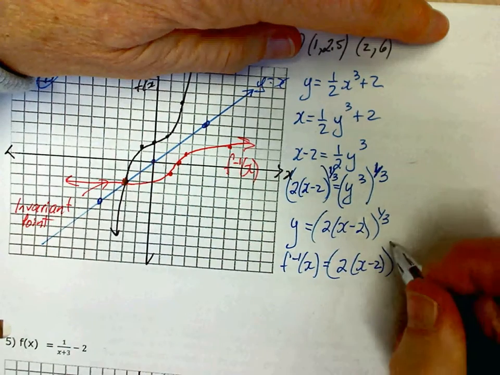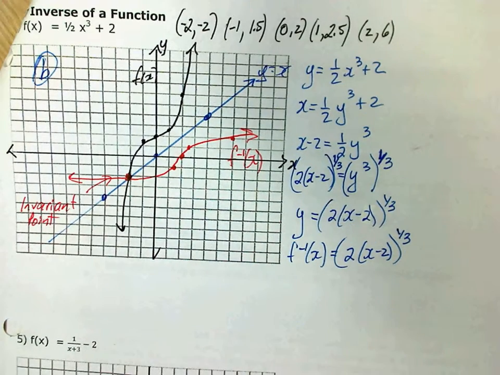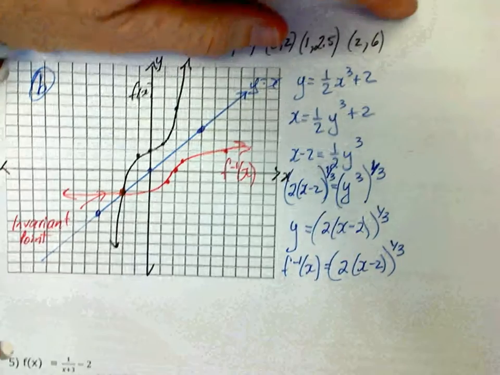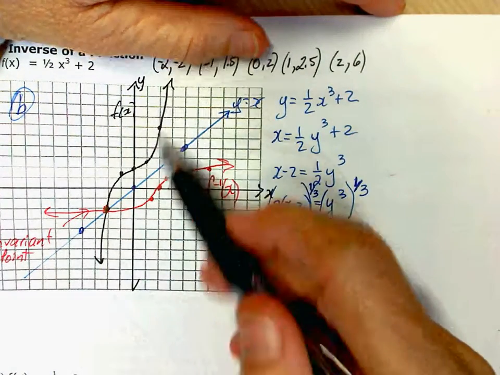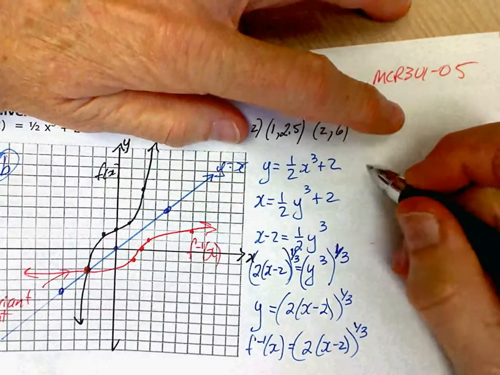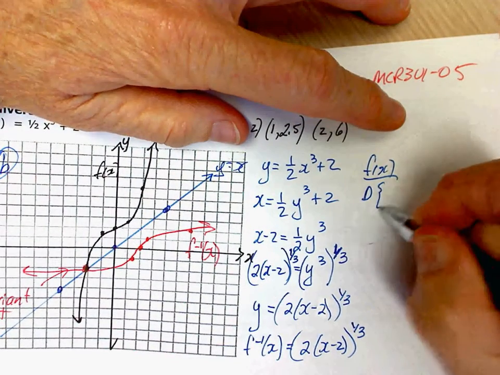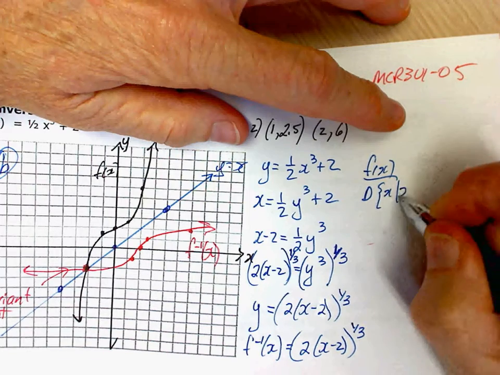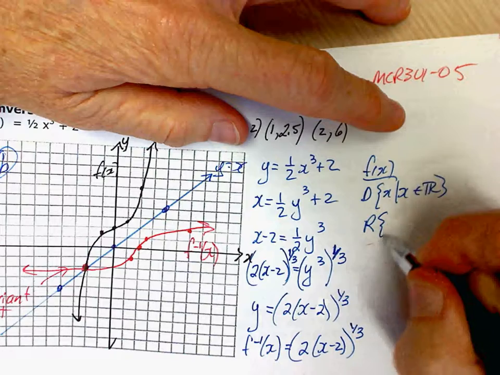Alright, that's that for that guy. Domain and range is easy, right? On the original, on any cubic function f of x, domain is x such that x is an element of real numbers. Range is y such that y is an element of real numbers.